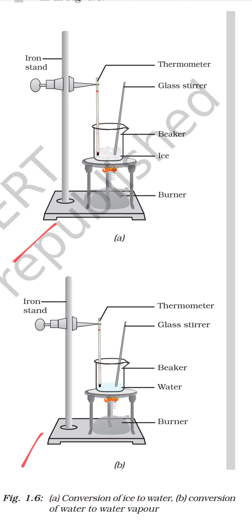In B the beaker has water, and at the bottom a burner. Figure 1.6: A, conversion of ice to water, and B, conversion of water to water vapor.